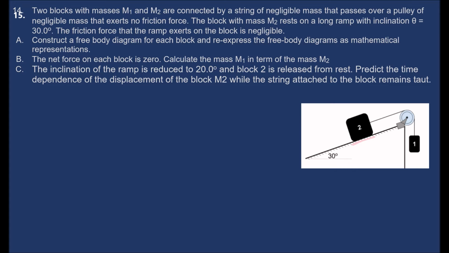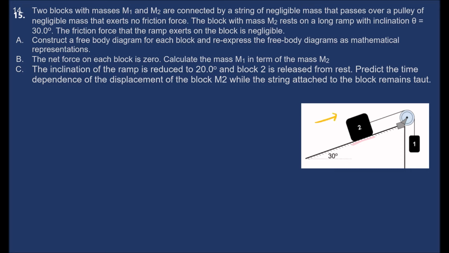First thing we're asked to do is to draw a free body diagram for each block, and then represent that with Newton's second law, or Newton's law of F equals ma. So the first thing you want to think about is your reference frame here.